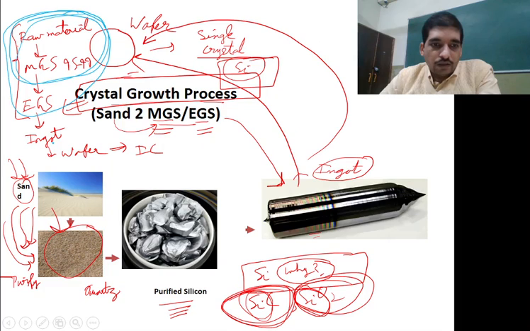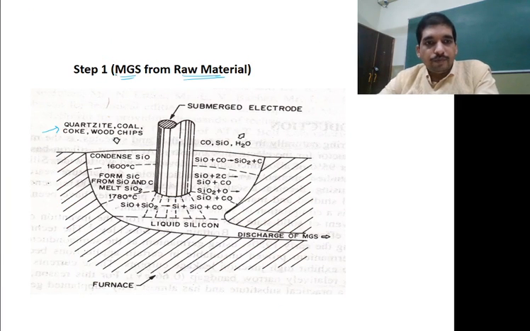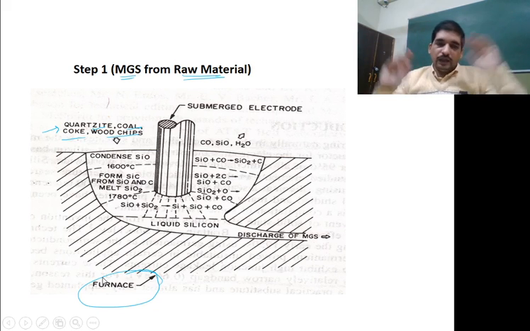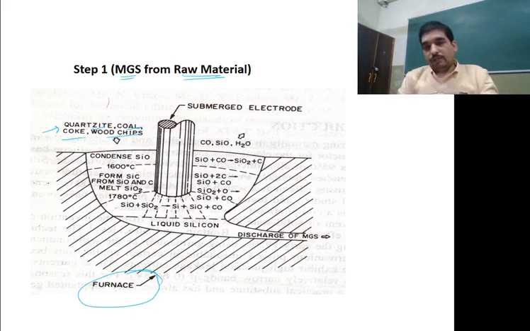As I said, quartzite is the purified form of sand. Then along with quartzite, we can use coal, coke, wood chips, etc. What we will do is, we have a furnace heated at a very high temperature.